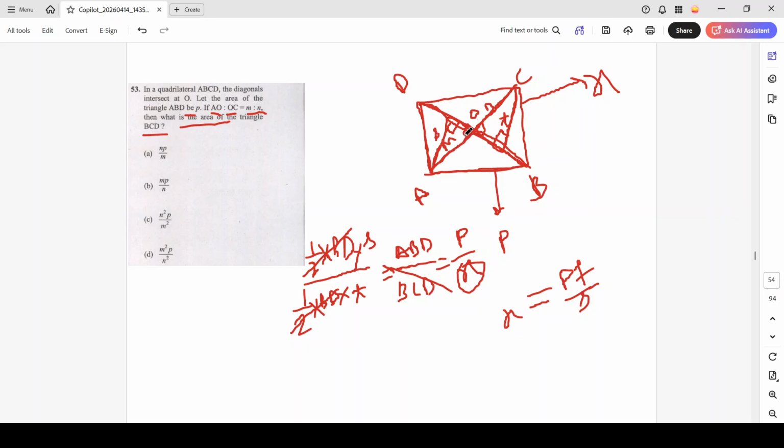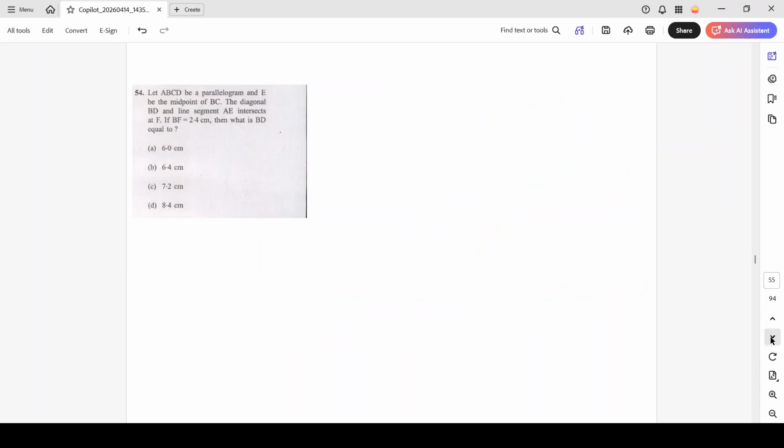The side opposite to this vertically opposite angle is S, and the side opposite to the other vertically opposite angle is T. The side opposite to this right angle triangle is M, and the other is N. That means we got S upon T in the ratio of M and N. Here T upon S will be N upon M, so P into N upon M. That means we have got the answer as NP upon M, which is the area of triangle BCD. Now move on to the next question.